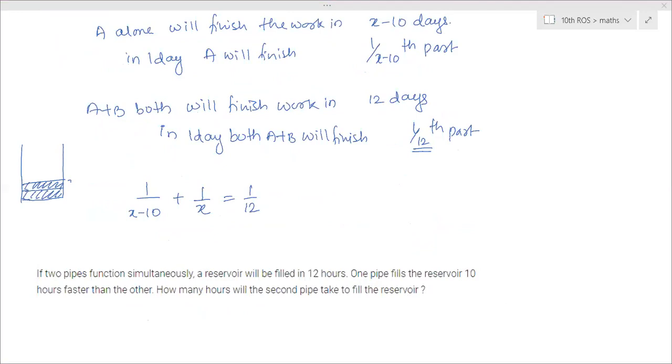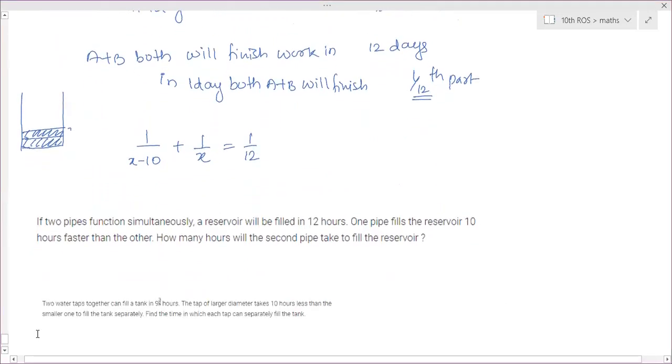Whoever doesn't have it, see the question. For the next ones, all are similar.